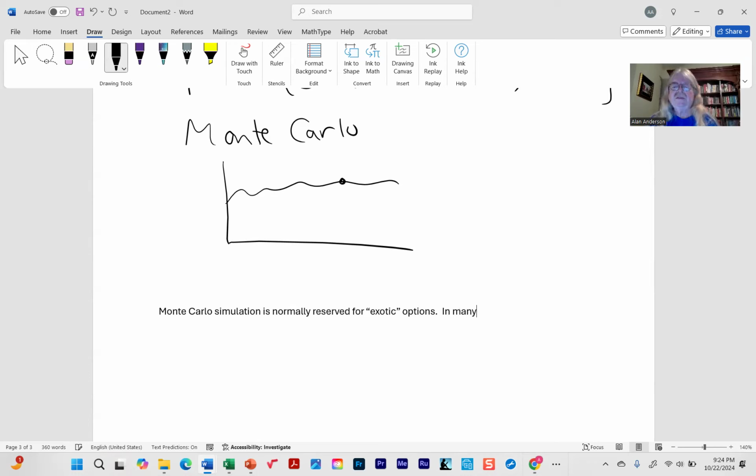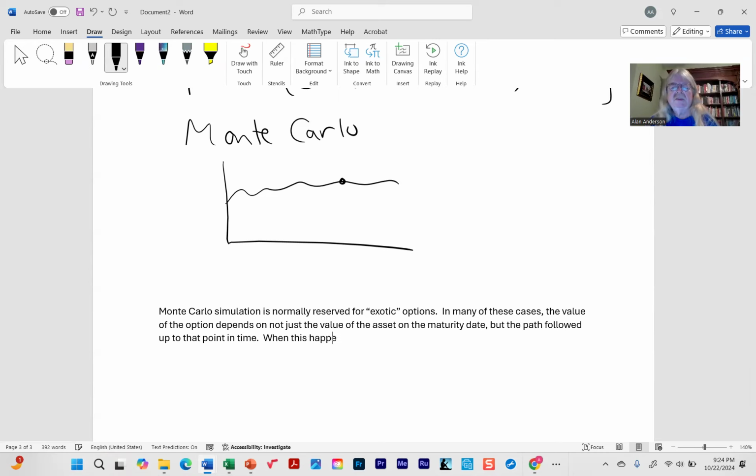In many of these cases, the value of the option depends on not just the value of the asset on the maturity date, but the path followed up to that point in time. When this happens, the option is said to be path dependent.